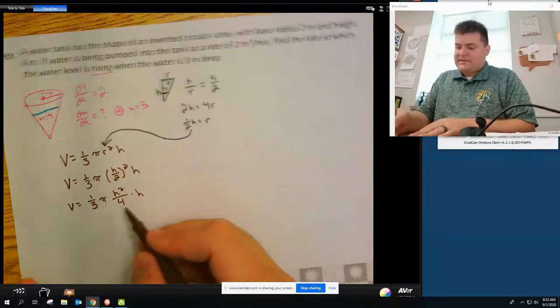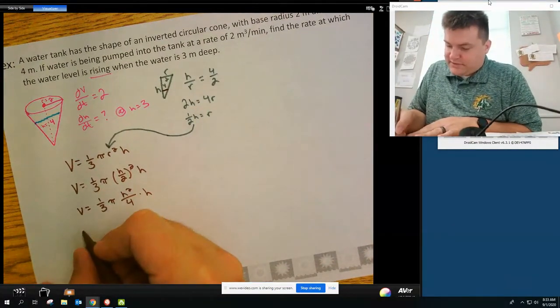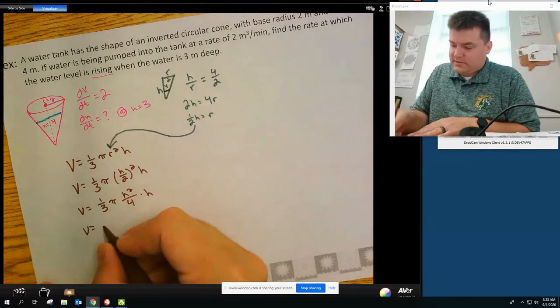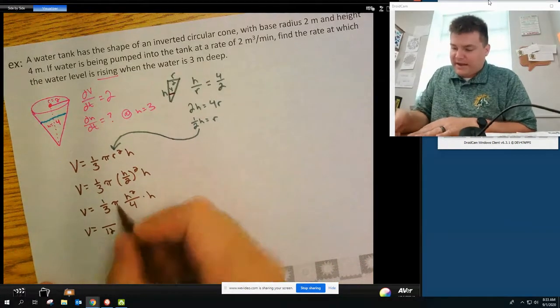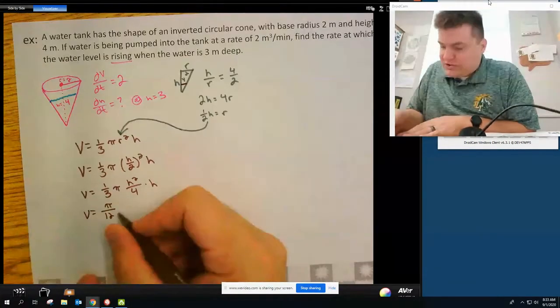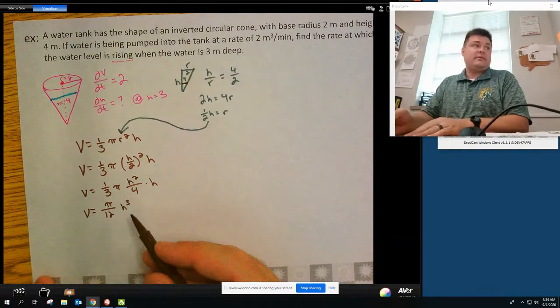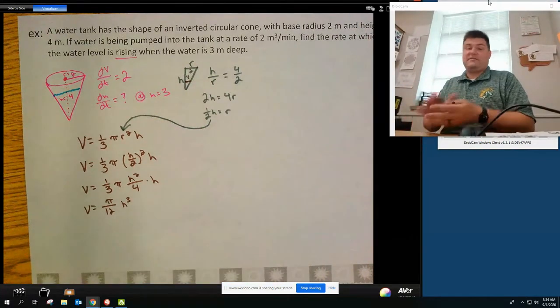And now I'm going to combine these constants right here. So I'm going to get 1/3. So the 3 and the 4 on the bottom, we're going to multiply. So V equals something over 12. Well, I'm going to have that pi out in front on top like that. And this is going to be H cubed. So again, I'm keeping everything nice and easy here because this derivative is pretty good.